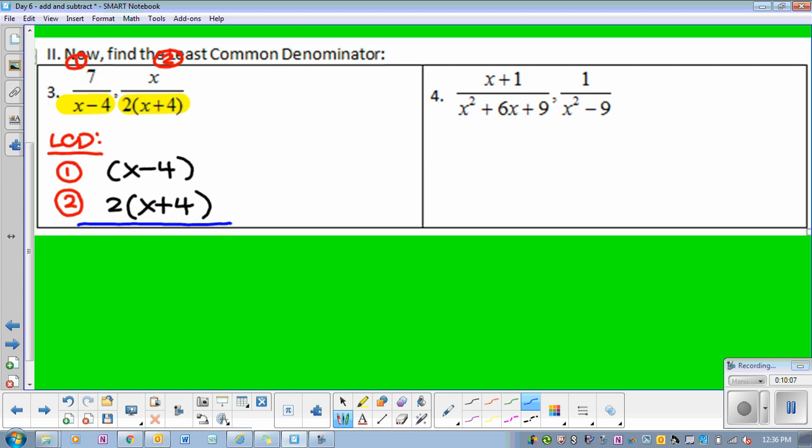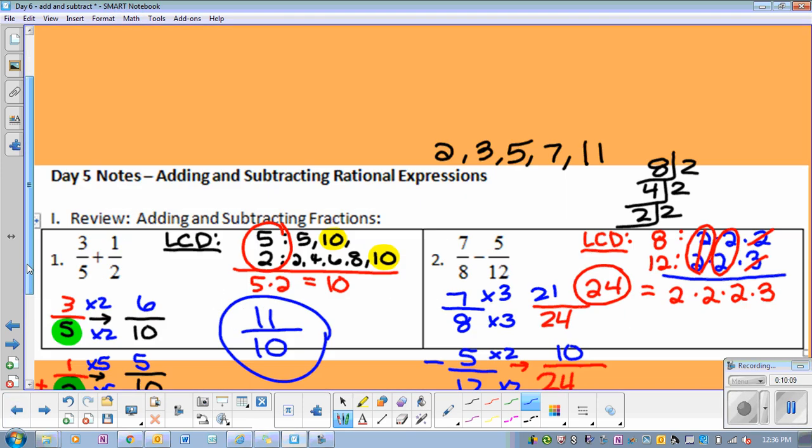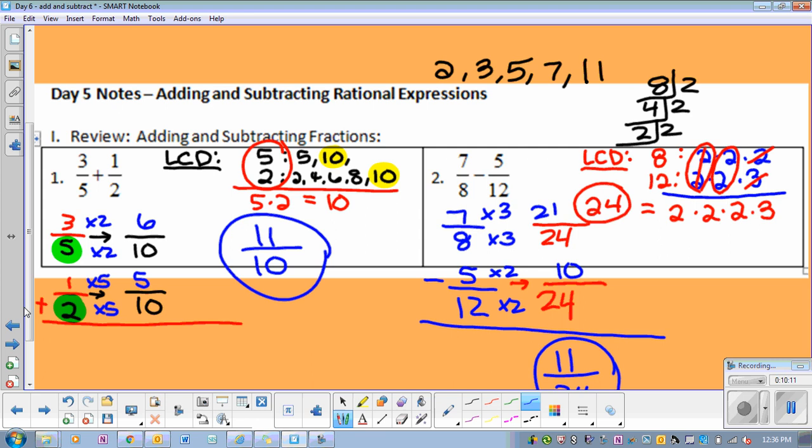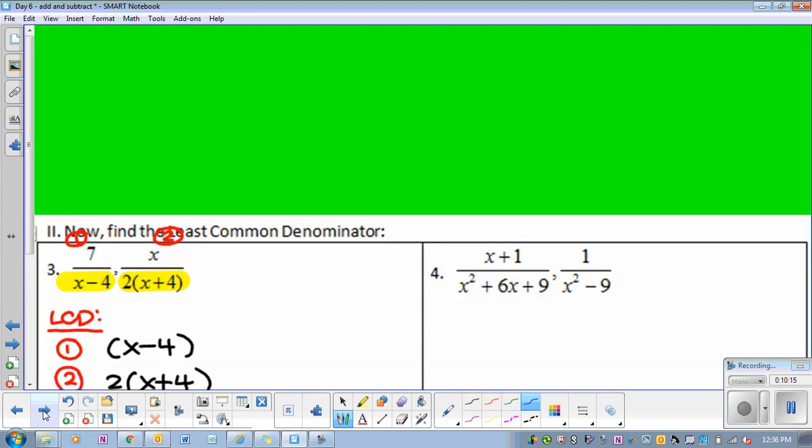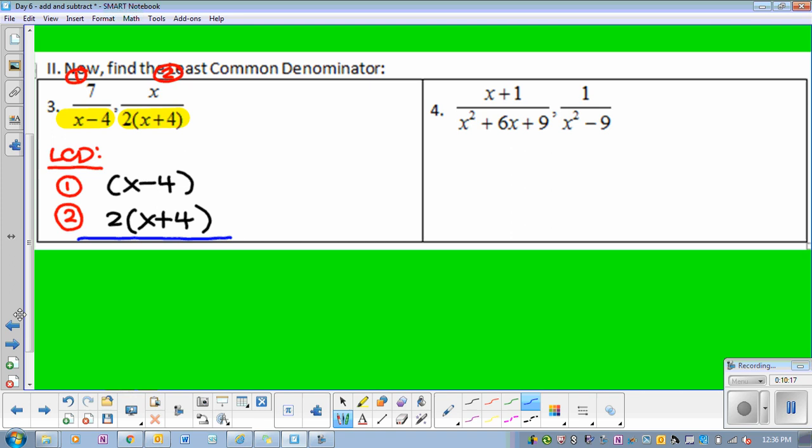We're going to do the same thing that we did in the previous problem. Do I have any in common? Because this is the least common denominator. Anything in common? The 4s. Well, but you can't break away any plus or minus stuff, right? If anything is connected by a plus or minus, you can't break them apart. They go together. So this whole entire x minus 4, well, I don't see another one.